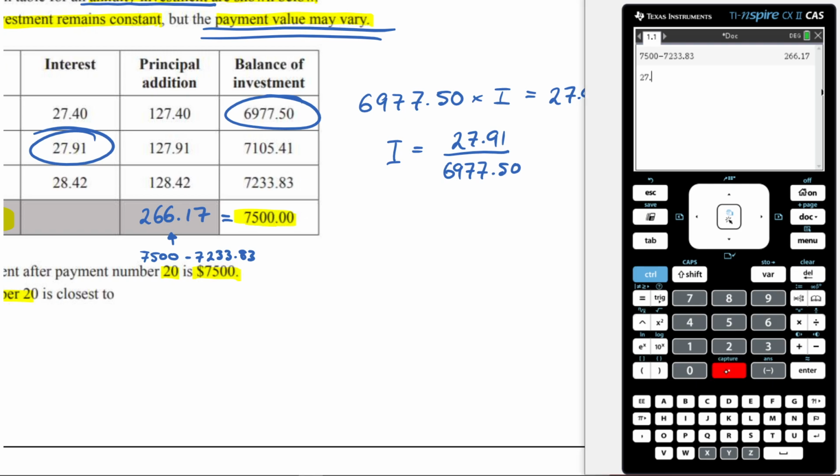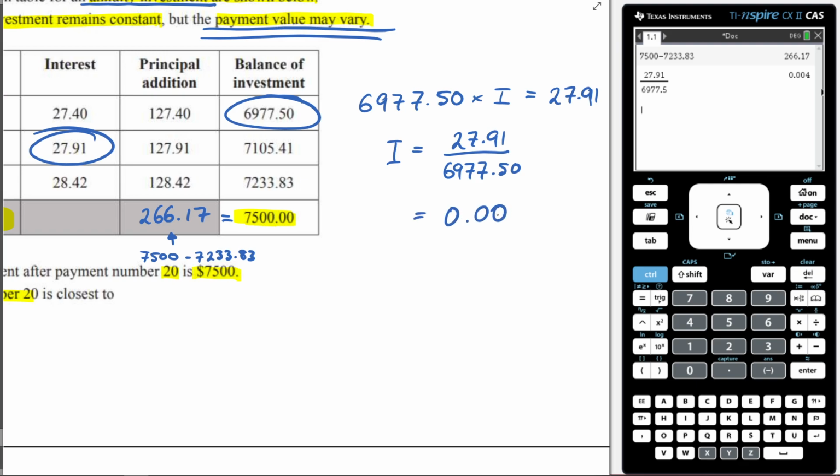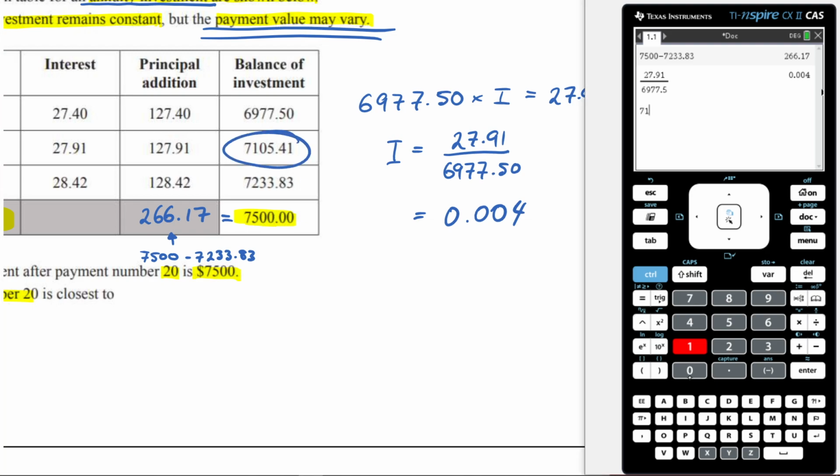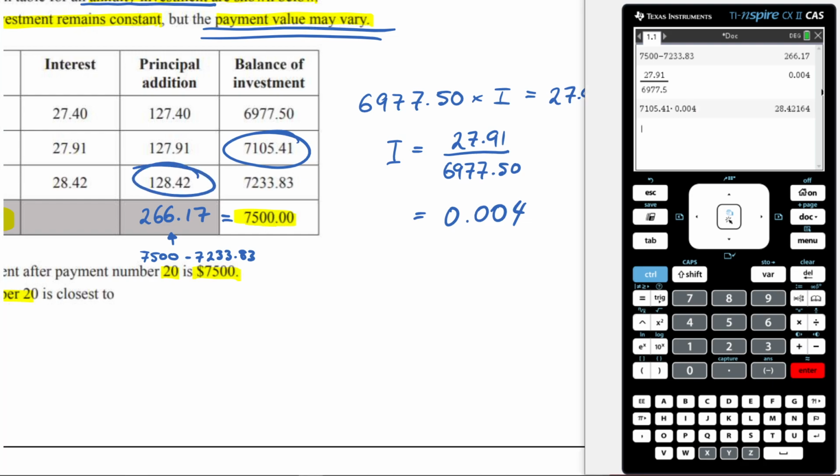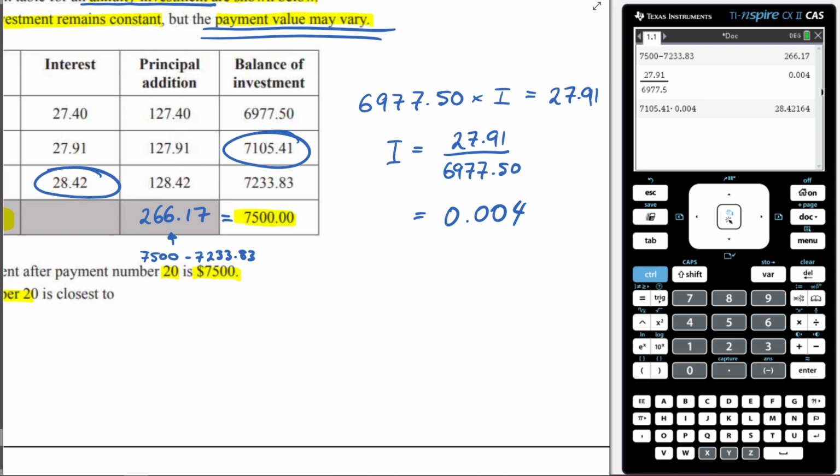And when I do that, what am I going to get? 27.91 divided by 6977.50 is going to leave me with 0.004. This is really important now: if I take this number here, 7105.41, and times it by 0.004, I should get 28.42, because that's the interest generated off it.